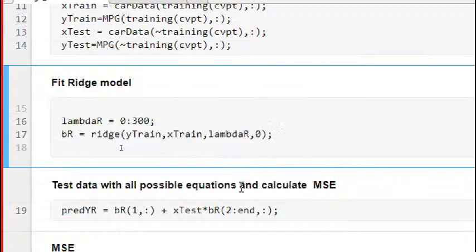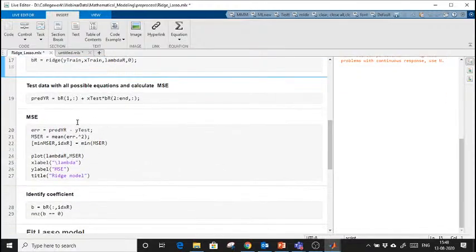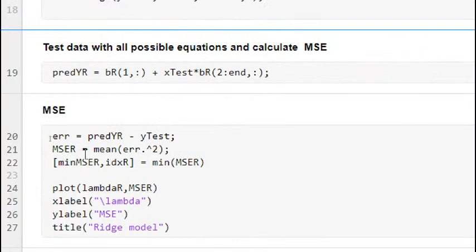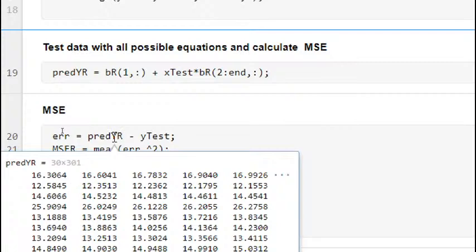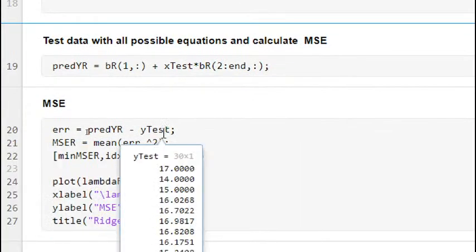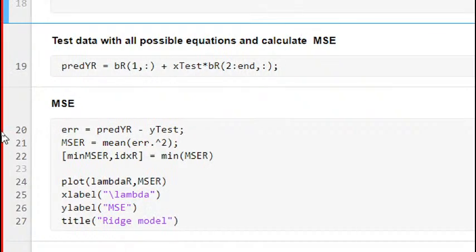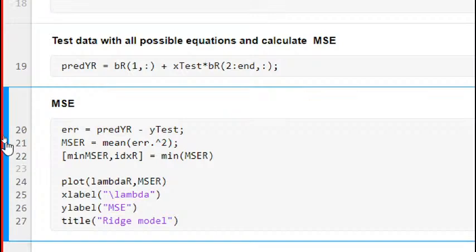So how do we compare them and identify the best fit? Very simple. Simply calculate the mean square error: whatever predicted I have here as a matrix, minus the original one, for every column, and take the mean value. Let me run this first, then we will discuss it. In this case I took the mean.